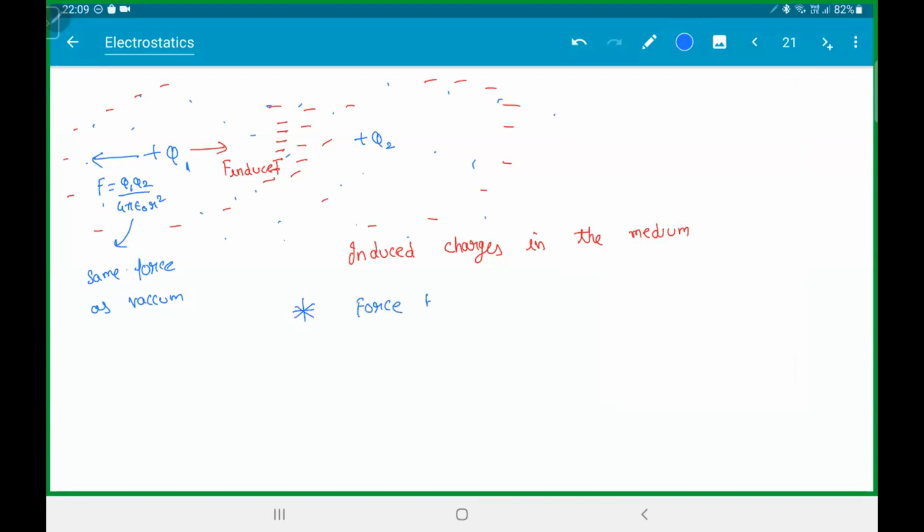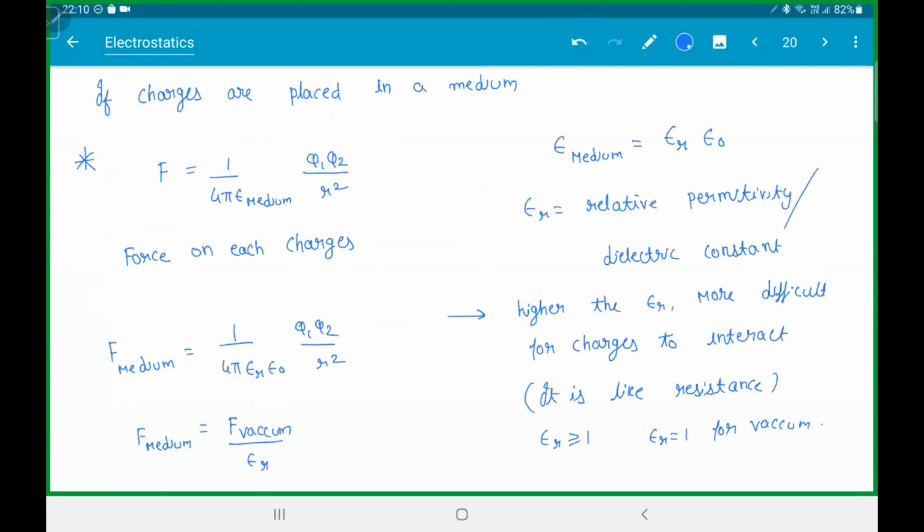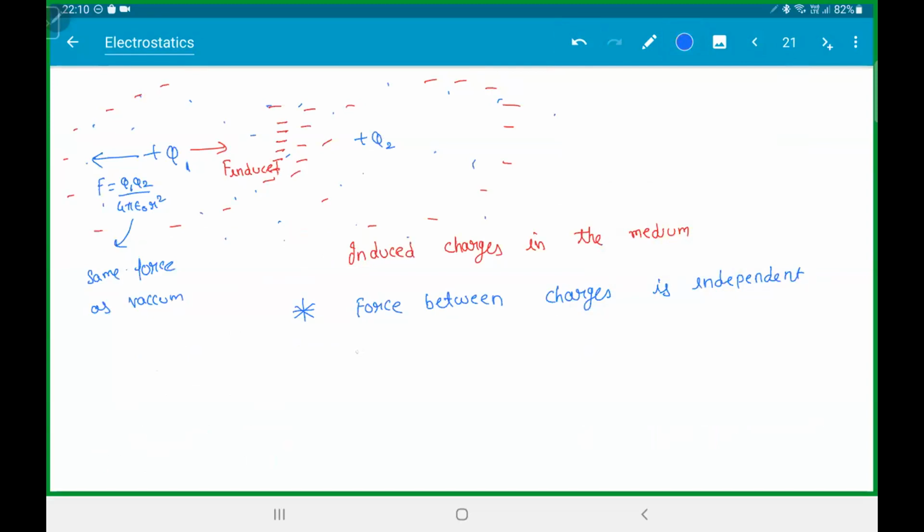Force between charges does not change with the medium. I'll show you how they framed a question on this. Force between charges is independent of the medium. Most people, in a hurry, apply F by epsilon R. They use this formula and forget something. This is the force on each charge. This is not the force between the charges.